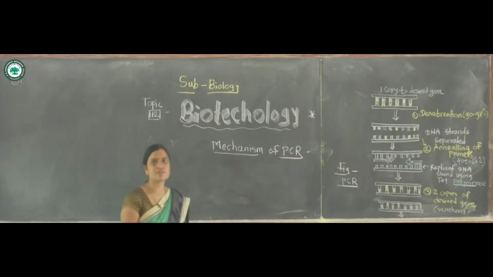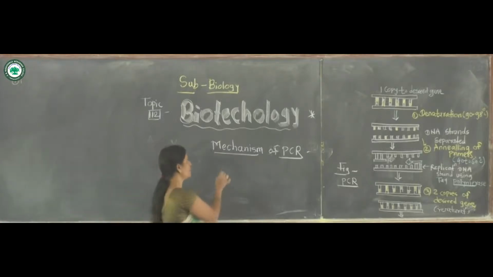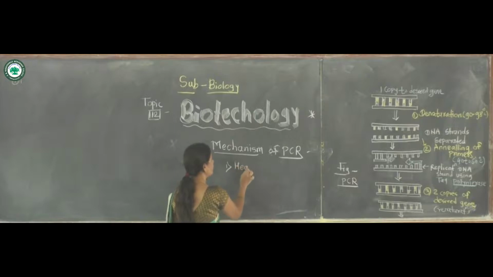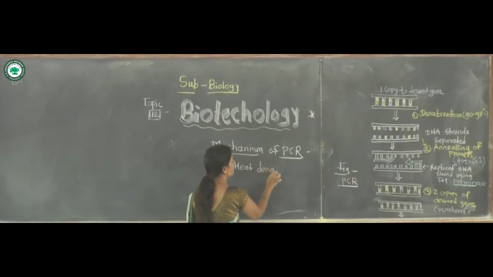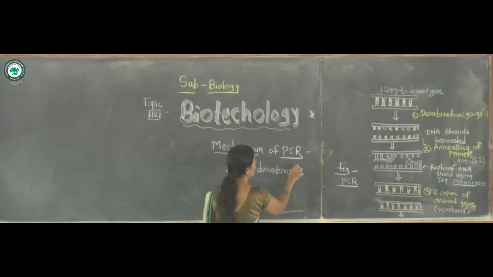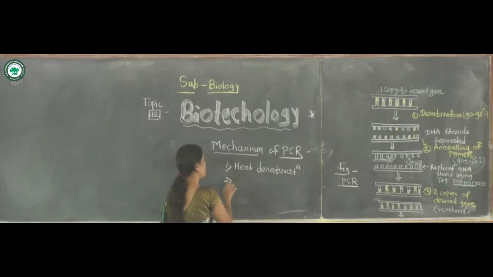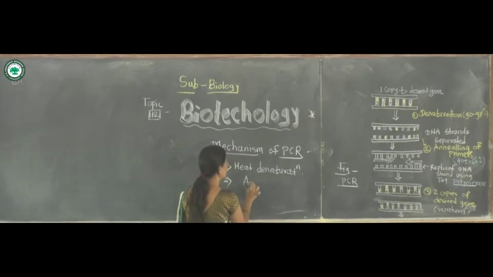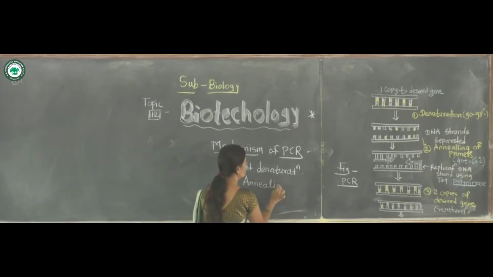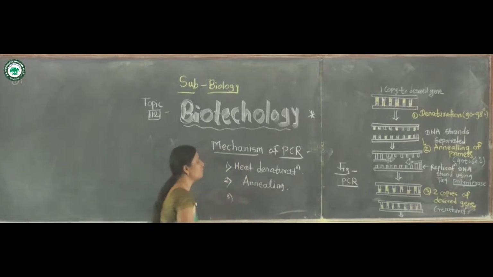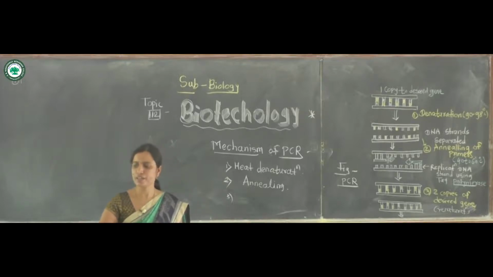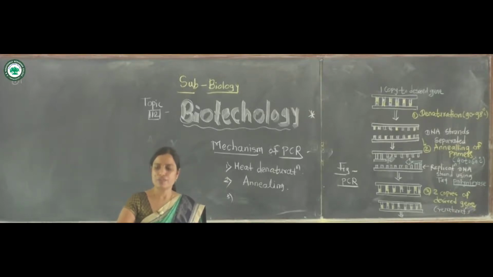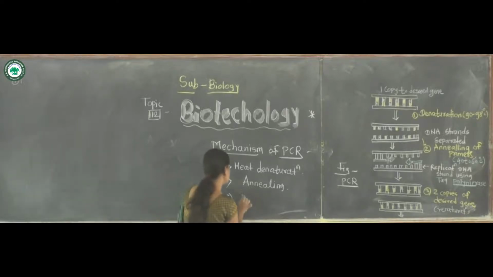It involves 3 steps. The first step is heat denaturation. The second step is annealing, and the third step is polymerization.